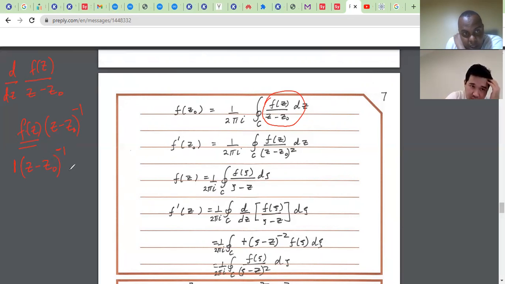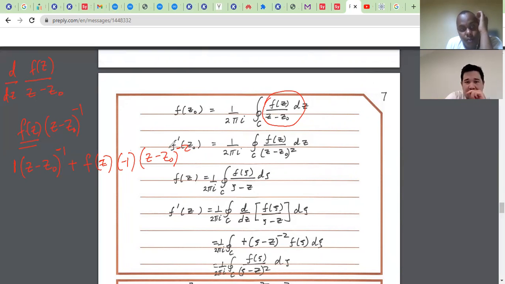You know, I differentiated the first one and then you keep the first one. Negative 1. You keep the first one, f of z, and then you have negative 1 times z minus z naught to the power of negative 2.